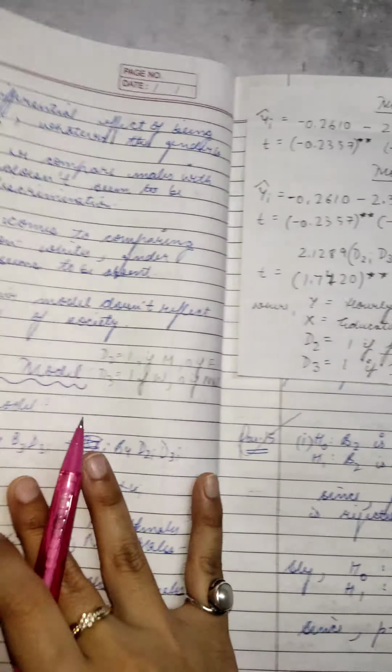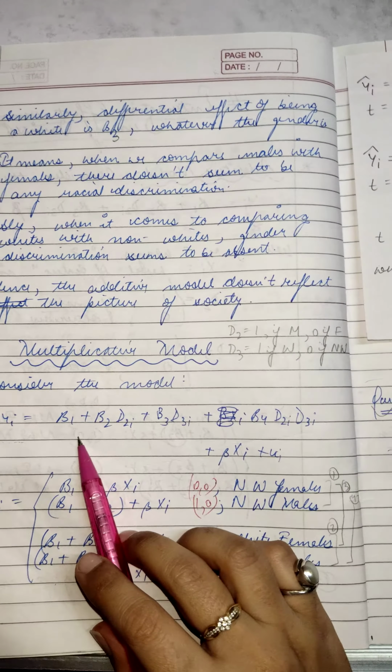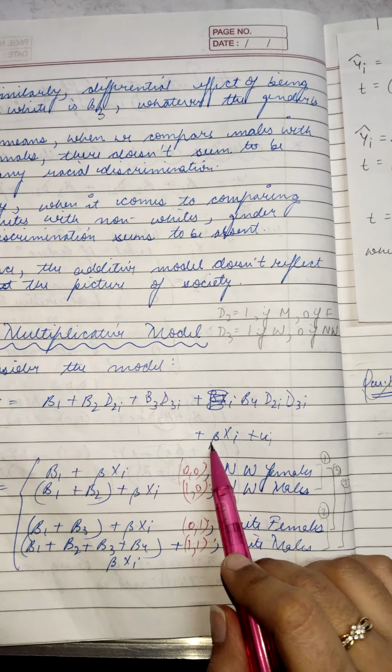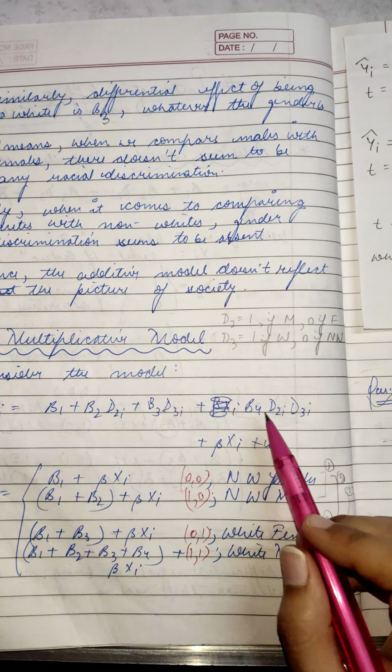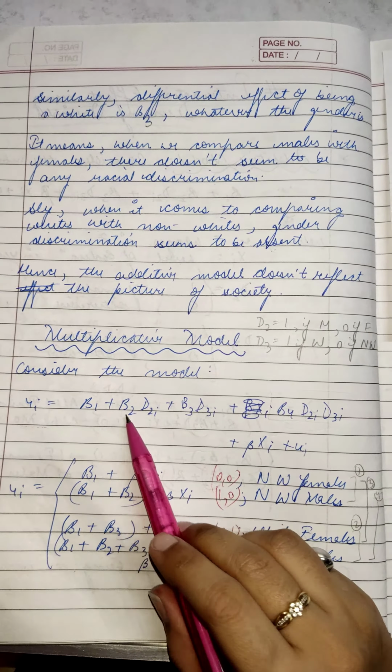So now it takes us to the multiplicative model, which looks like this. It is just the same until this point, and also beta xi is there. Only one extra term gets added, beta 4 D2i D3i. So this is beta 1 plus beta 2 D2i plus beta 3 D3i plus beta 4 D2i D3i plus beta xi plus ui.